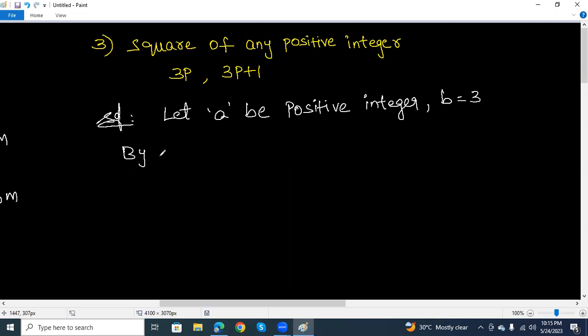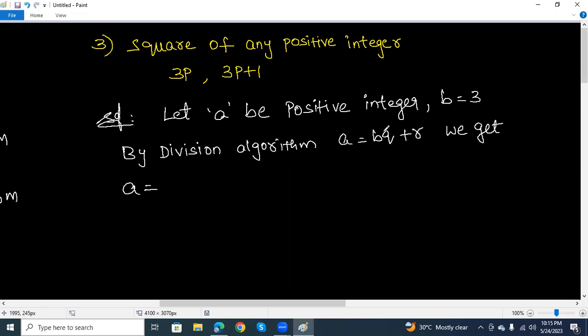By division algorithm, a is equal to bq plus r. In the place of b, a is equal to 3q plus r.